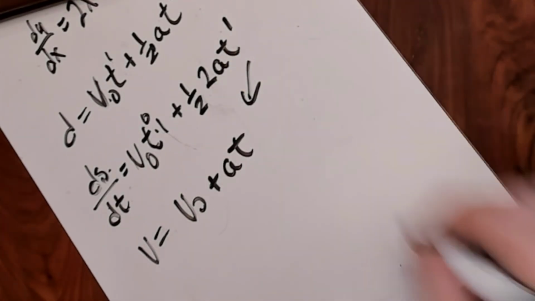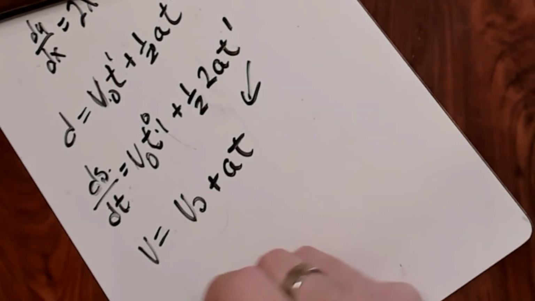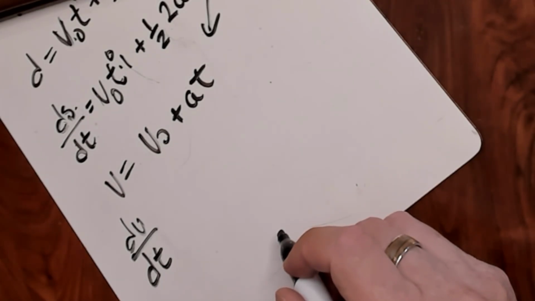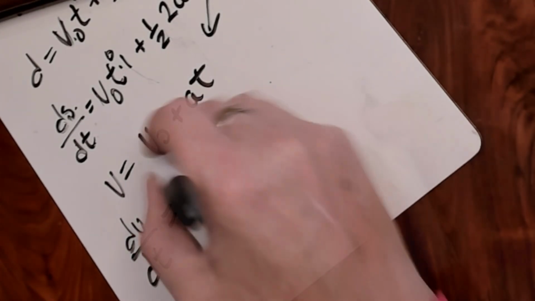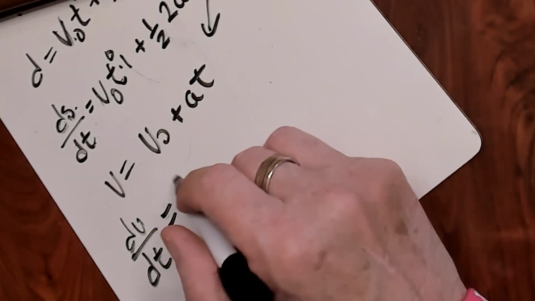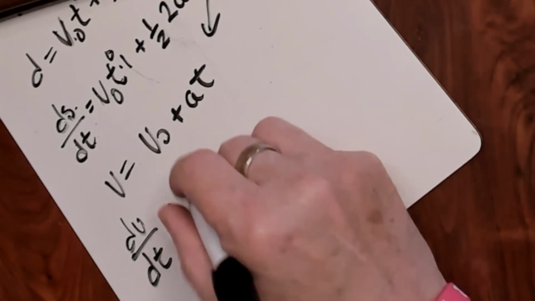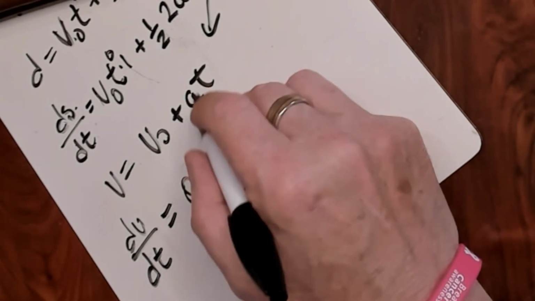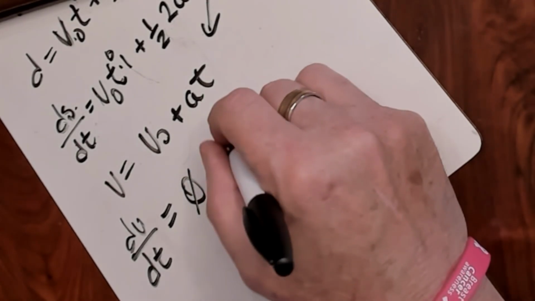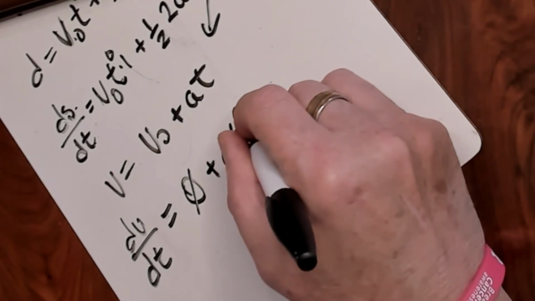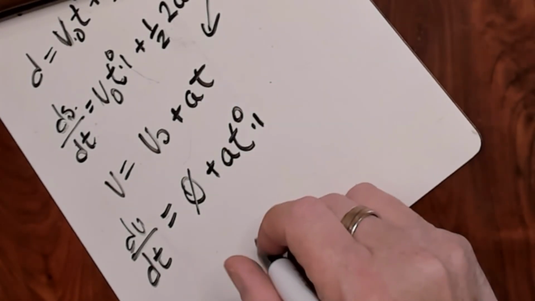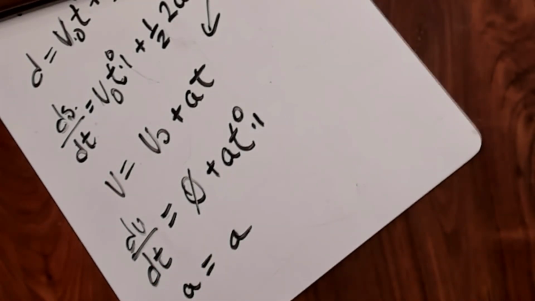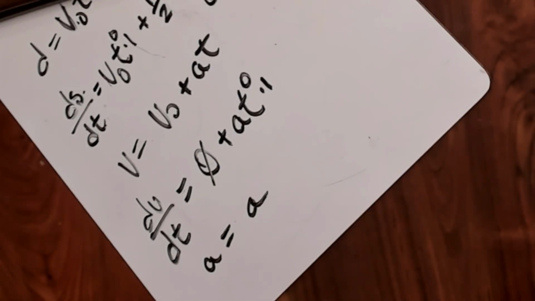That's where that comes from. Let's do it one more time. Now the change in velocity over time is called acceleration. And what does that equal? This no longer has a t with it, so it's a constant now, so that equals 0, plus a times t to the 0 times 1. So a equals a. And that's where acceleration comes from.